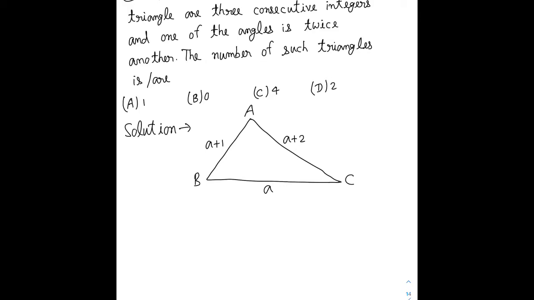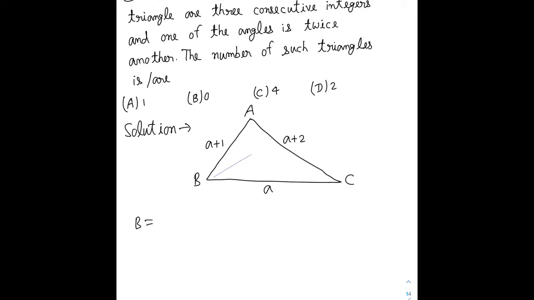Okay, now next what is given? And one of the angles is twice another, then the number of such triangles is or are. Okay, so one of the angles, suppose angle, yeah, then actually here there are two possibilities.